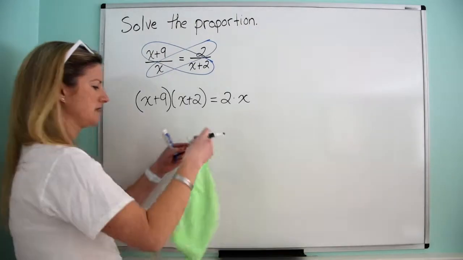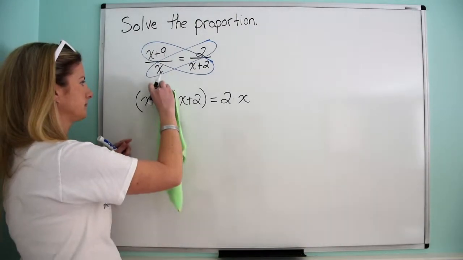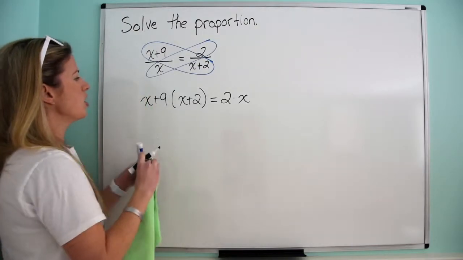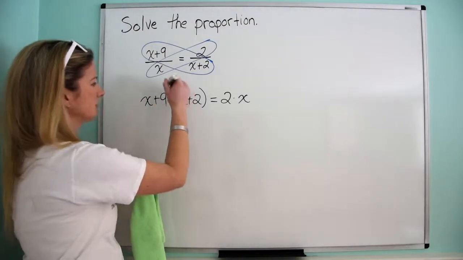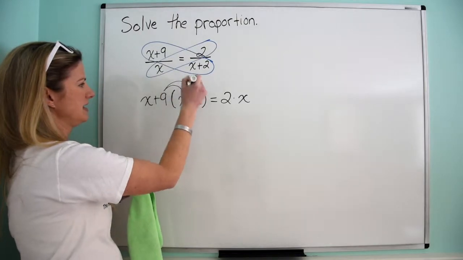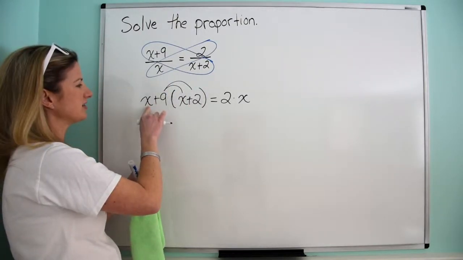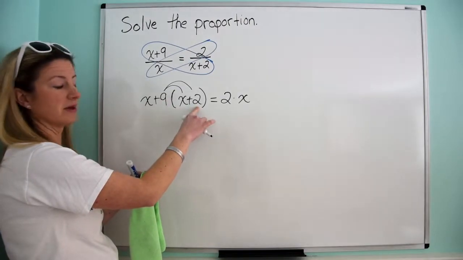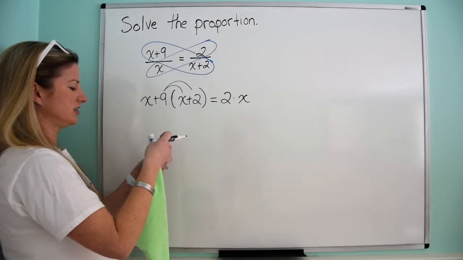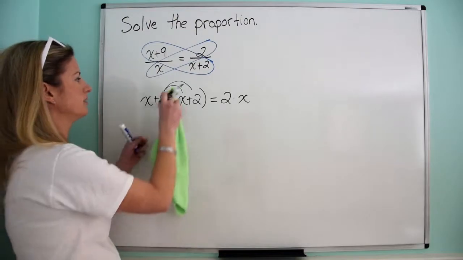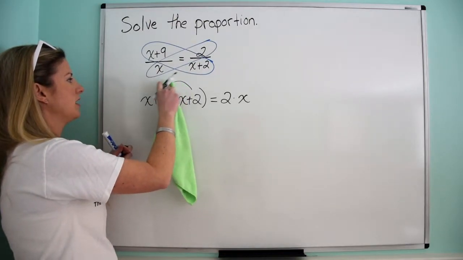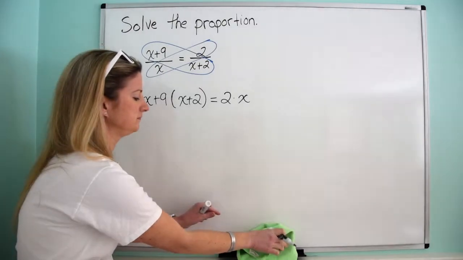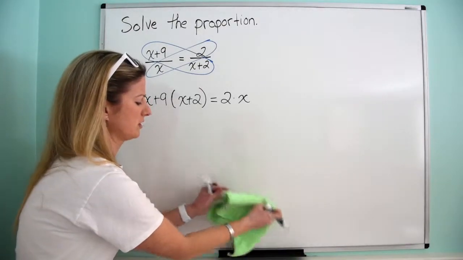If there were no parentheses around this first one, you might say, oh, it's just 9 times x and 9 times 2, but you forget that it's also x times x and x times 2. So it is super important to put parentheses around each numerator and each denominator when you make the cross products.